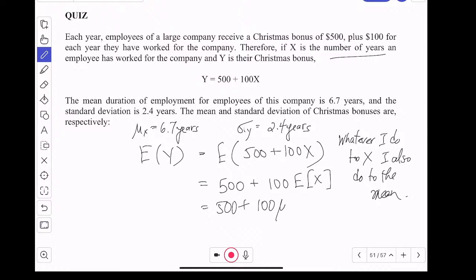So then this is 500 plus 100 times 6.7. And what do you get?